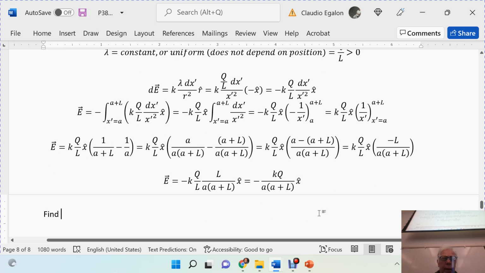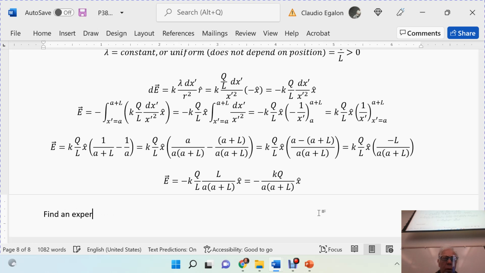Now we're going to do something else. Find an expression for the above E field whenever L, no, it's not L, whenever A is much greater than L. Okay?